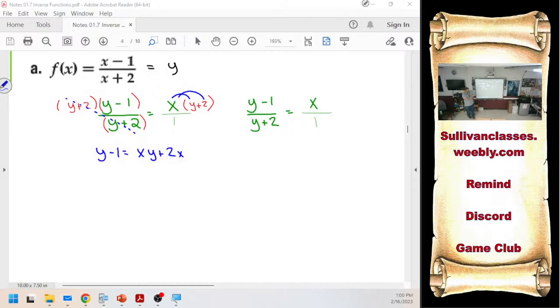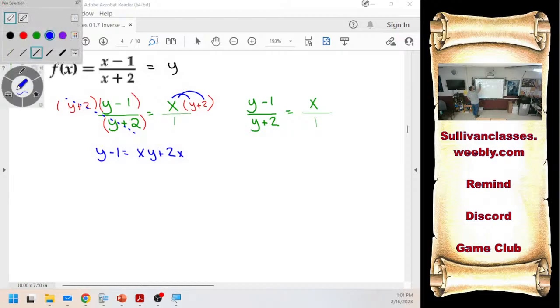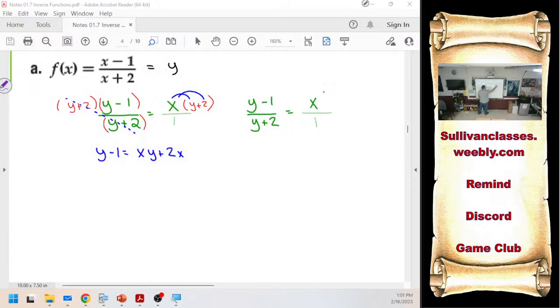Also, do you remember basic proportions that you can cross multiply? That's what I did. Okay. So I wrote them both to show you, look, we're going to get the same thing. It's just which side it's on. Okay? But now, can you get y by itself? We took care of that denominator. That was a problem. Now can you get y by itself?